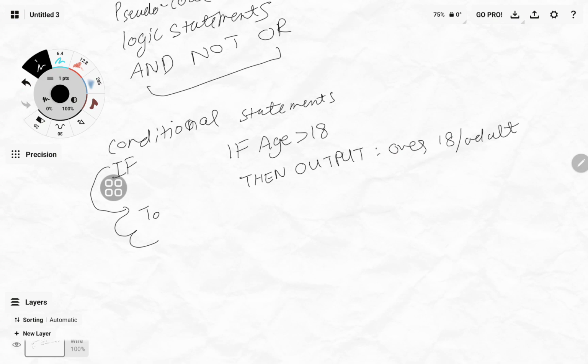There are many ways to say this, but I prefer adding both, over 18 adult, else too young. This is an example of a conditional statement.